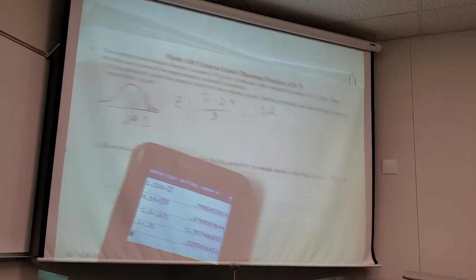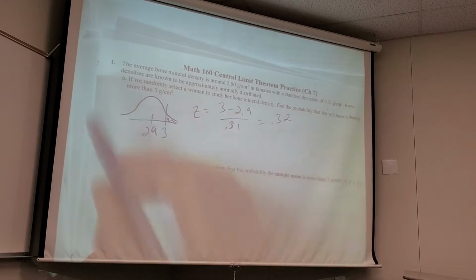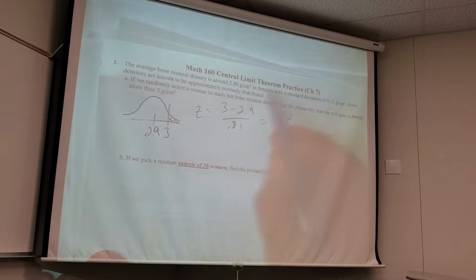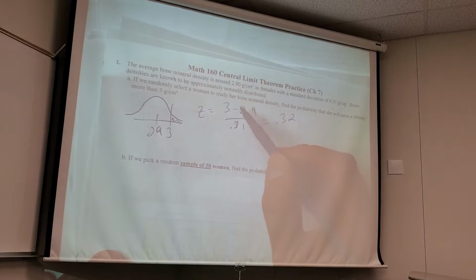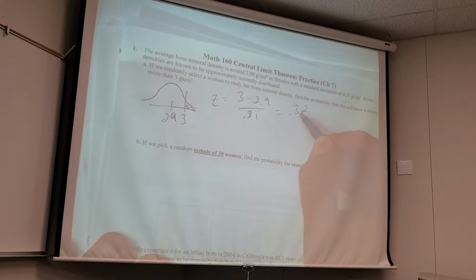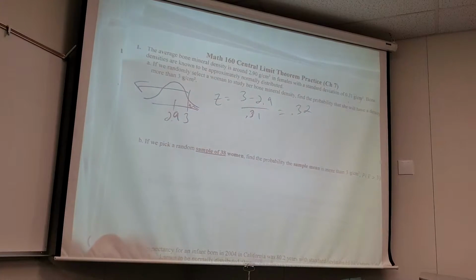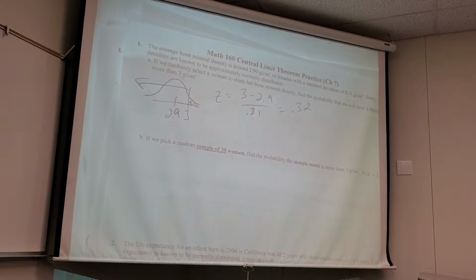Yeah. And then when you look that up, the nice thing with doing this kind of problem over and over again is you've got to understand the basic problem before you can really understand the tweaks that we're going to do. Whenever you look up a z-score, it tells you the area below. So 0.32.